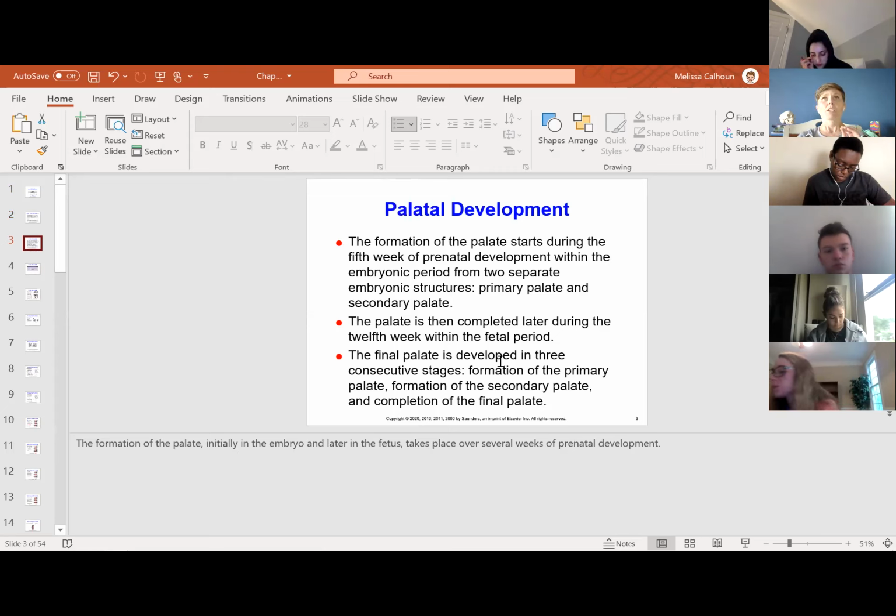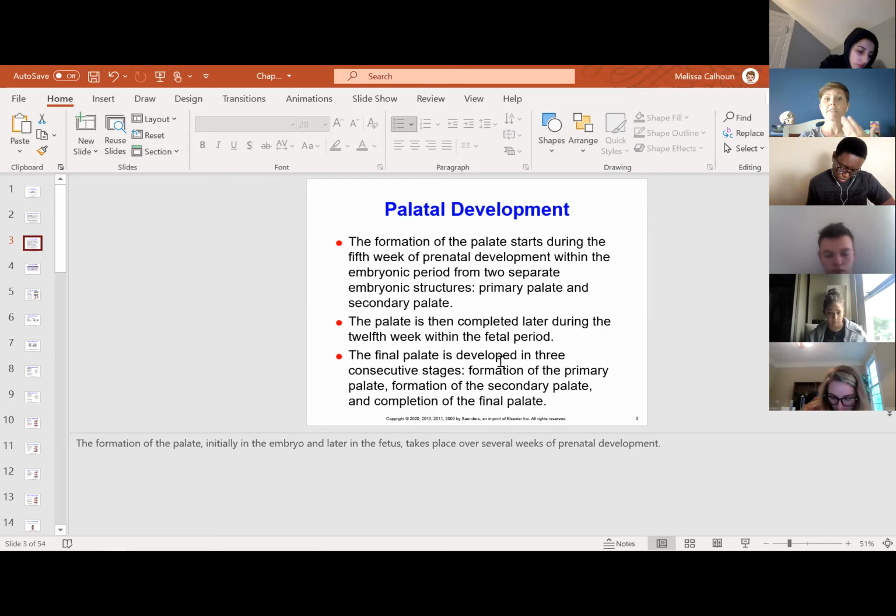So you should know, because it ends at the 12th week, by the 12th week, whether or not a fetus has cleft palate. Because remember, the lip develops by the 6th week, the 4th to 6th week.